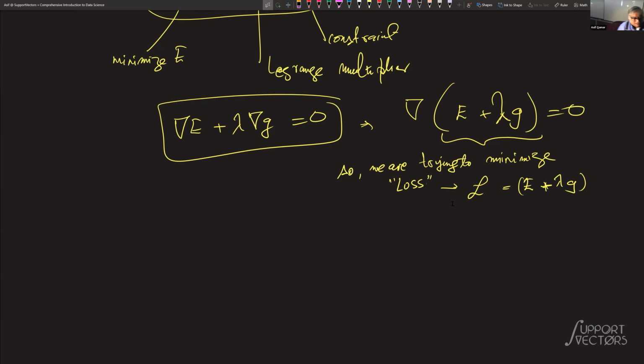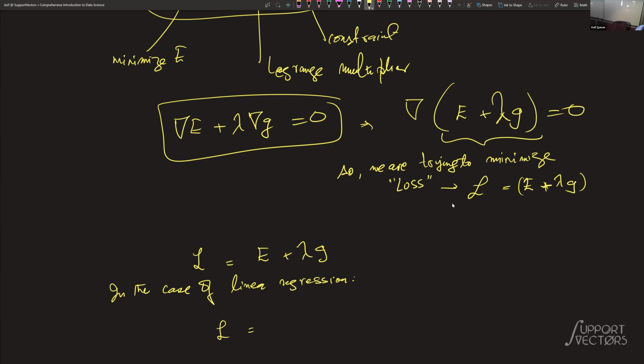Here, we will write loss is equal to E plus lambda G. In the case of regression, E is the sum squared error, sum of yi minus yi hat squared.